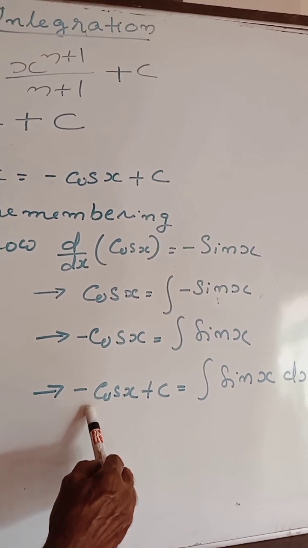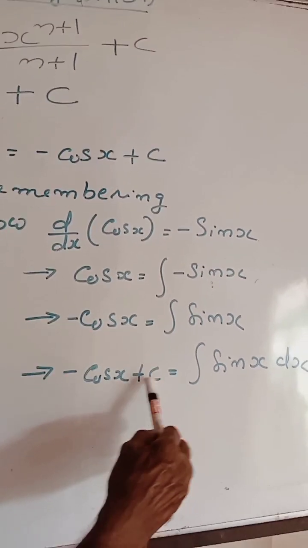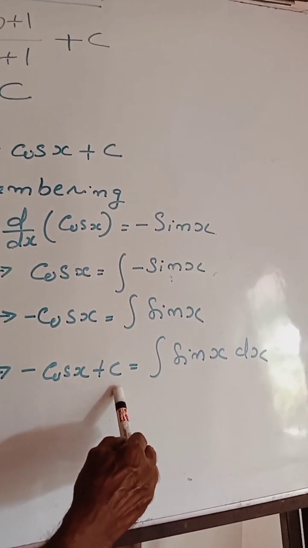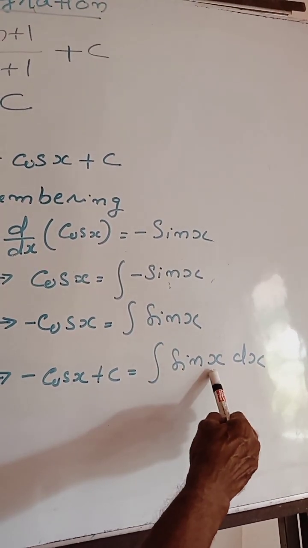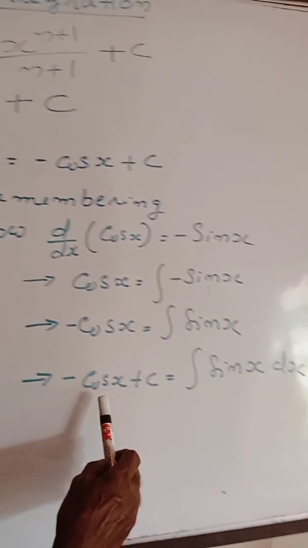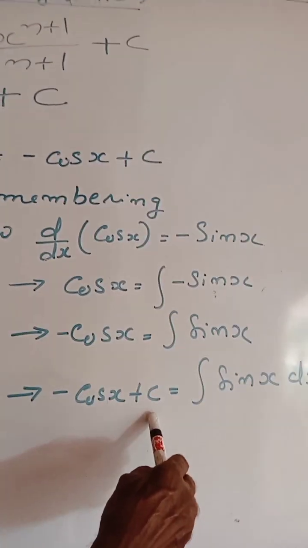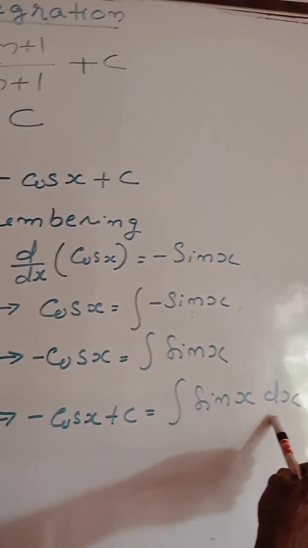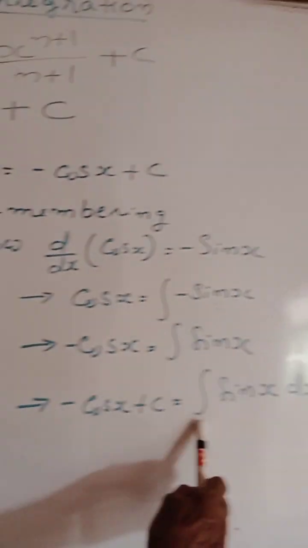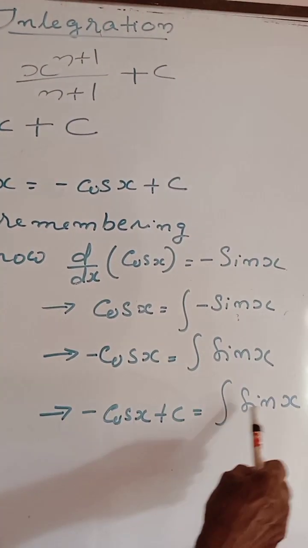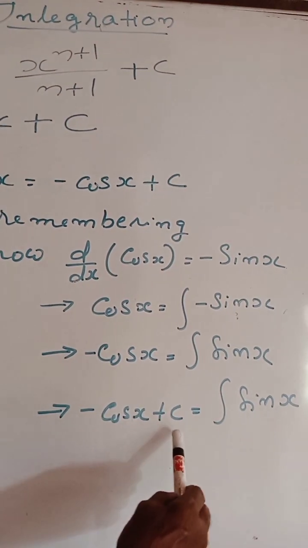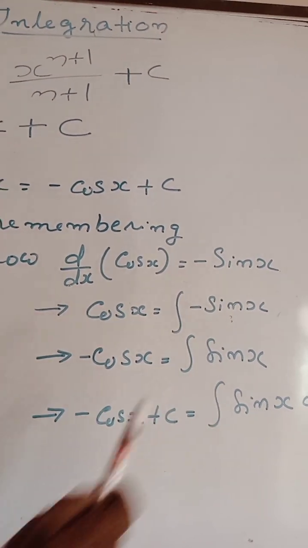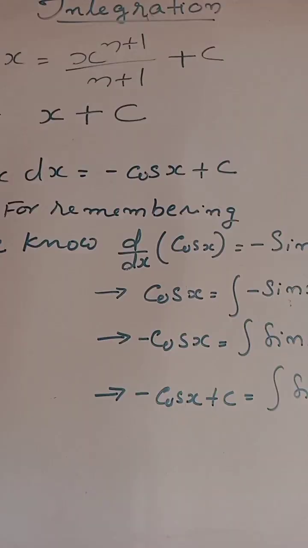That implies minus cos x plus c; we are adding a plus c here, which gives integration of sin x dx. When we remove c from here, we put dx here. Then the result is integration of sin x dx is equal to minus cos x plus c.